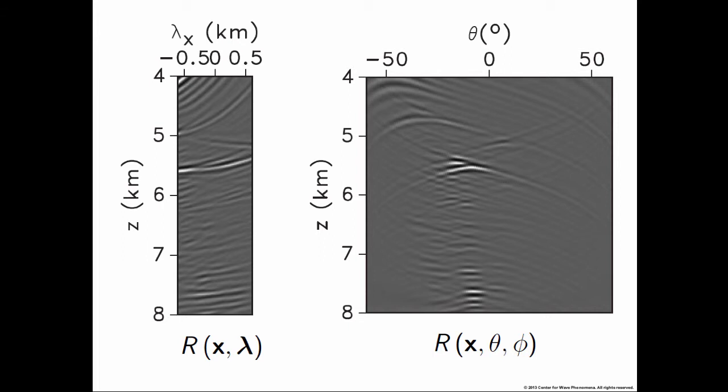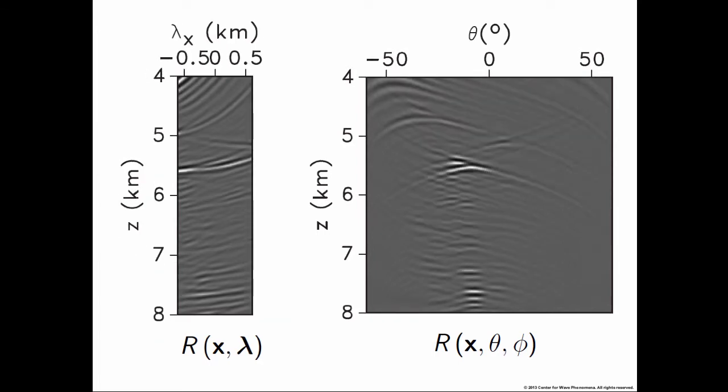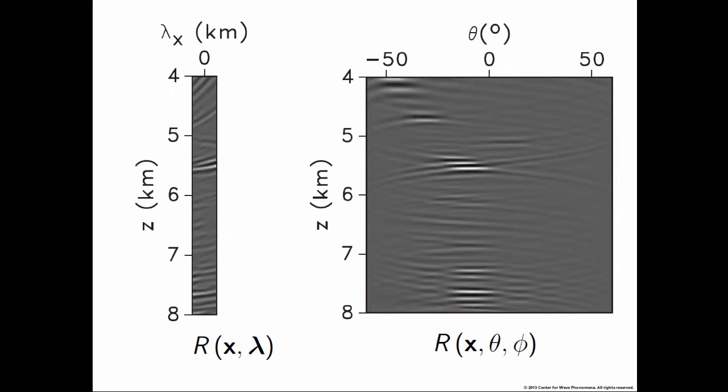Here I use 0.6 kilometers offset, and you can see, if I flip back and forth, that we avoid some of the artifacts between 4 and 5 kilometer depth. But if we reduce the size of the lag axis even further, here at 0.1 kilometers, you don't get additional resolution, and the events in the angle gathers are not specular, they are smeared horizontally. That's because we don't have enough offsets in the left panel, in the space lag gather.